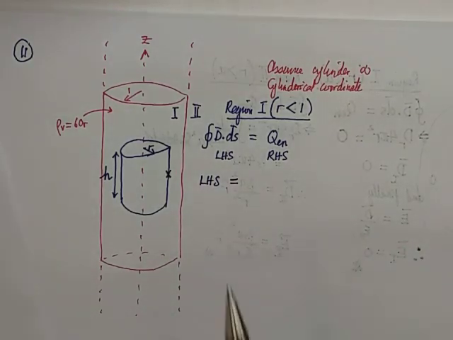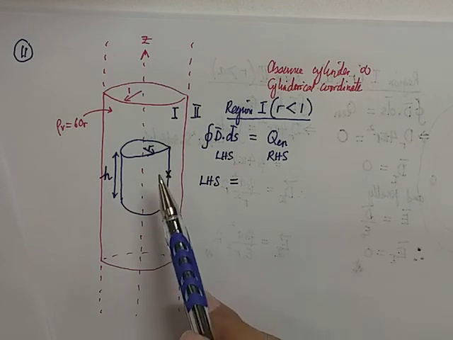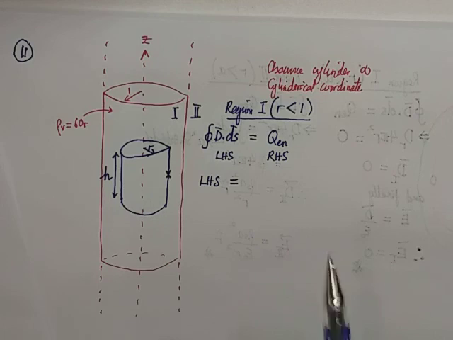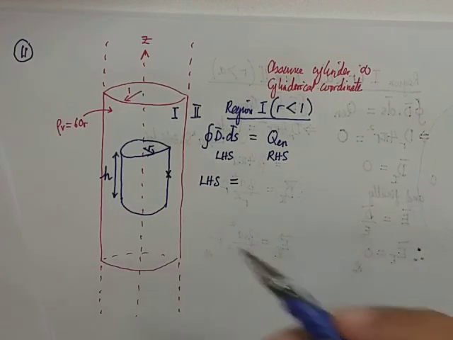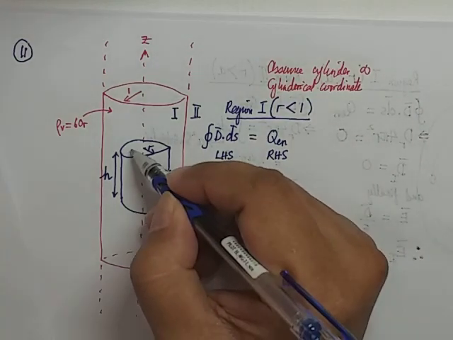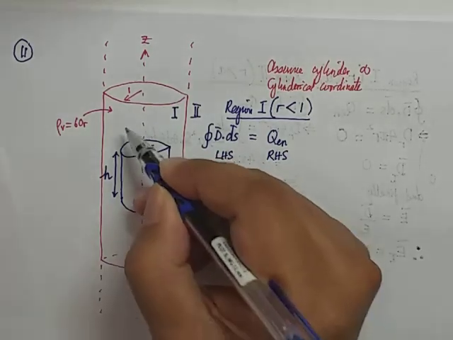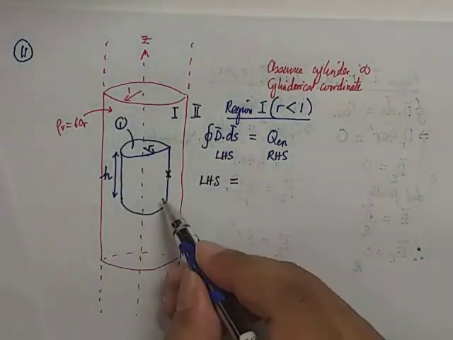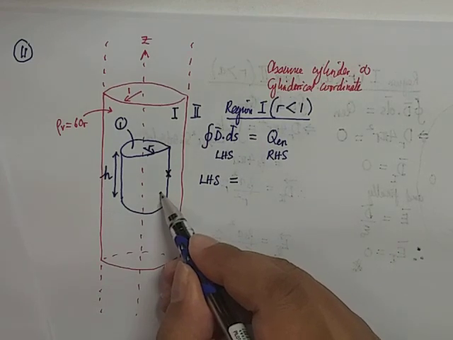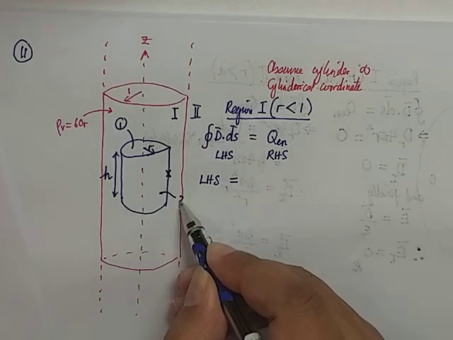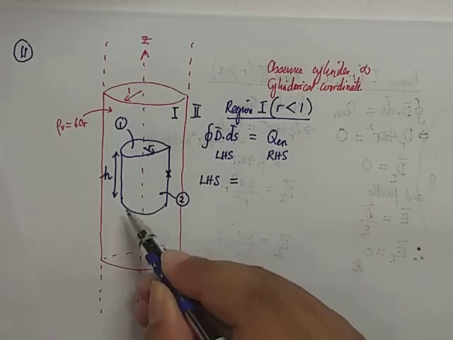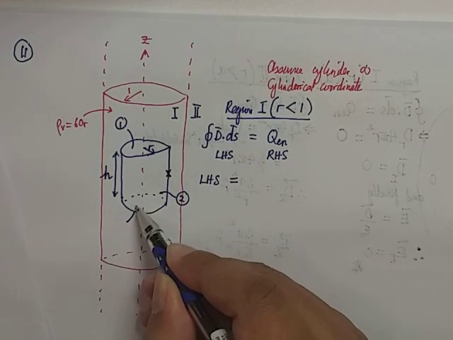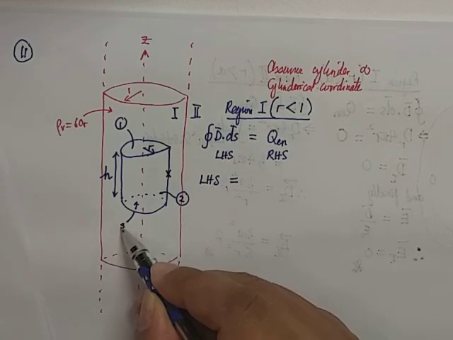I can see there are 3 distinct surfaces of my Gaussian profile. What I mean is I can split this structure into 3 different surfaces. I'm going to denote this one as surface number 1, this part of the surface of my cylinder as surface number 2, and the surface at the bottom of the cylinder as surface number 3.